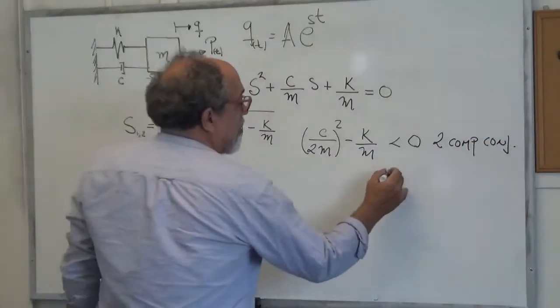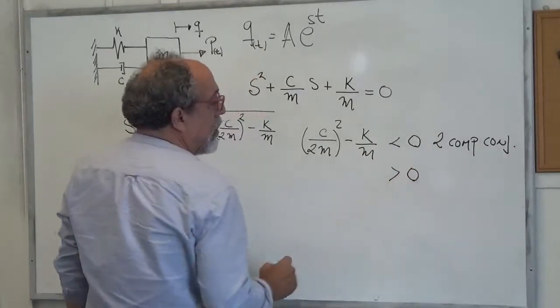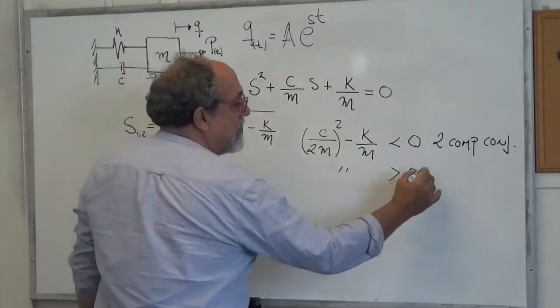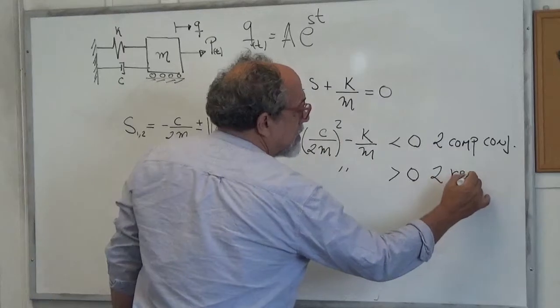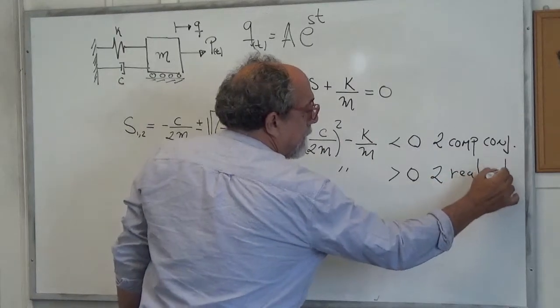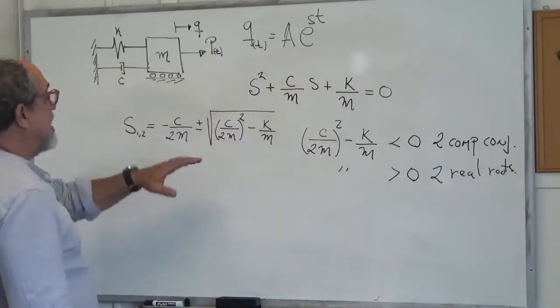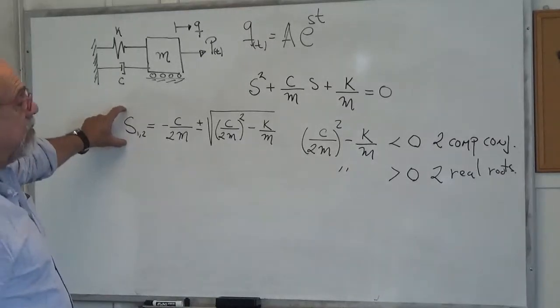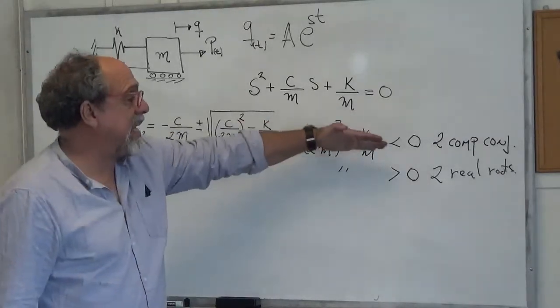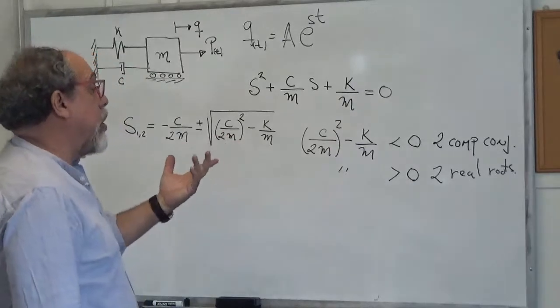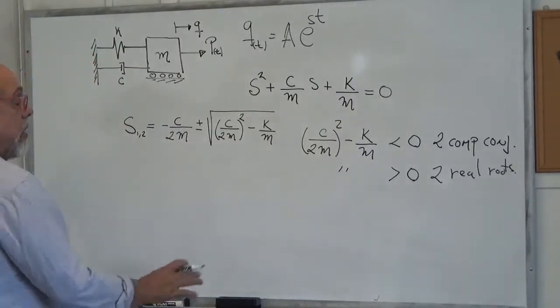And if this is greater than 0, we will have two real roots, right? That is, this will be real. The division between less than 0 or greater than 0 is obviously that it is equal to 0.